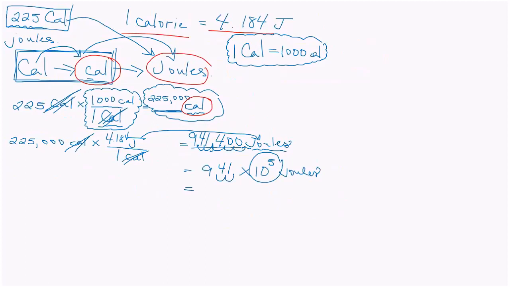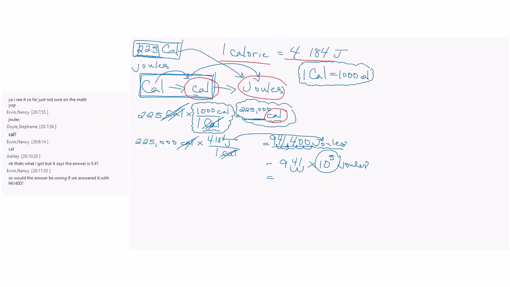And in this case, they're doing it with significant figures. So you might be saying, well, why did they write it in significant figures? Well, the information they gave us, the 225, has 3 significant digits, and so our answer should also be in 3 significant digits. And because it wasn't, they wrote it as scientific notation.